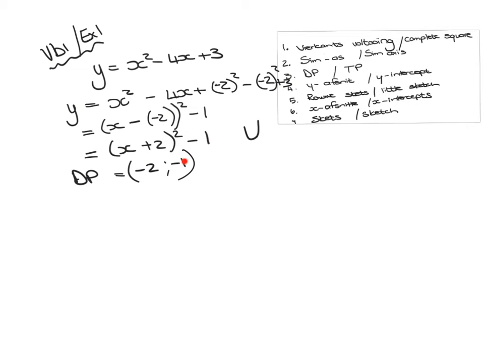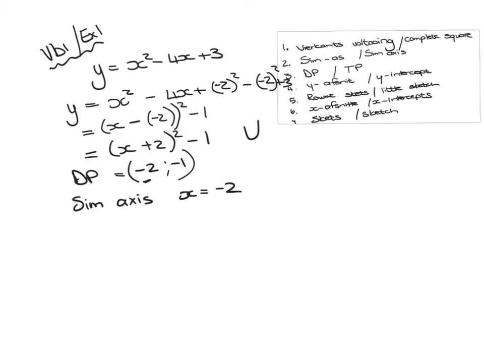So as jy jou draaipunt het, is jou symmetrie as die x-waarde. So die x-waarde is minus 2. So your symmetry axis will be the x value of the turning point. So that will be x is equal to minus 2.